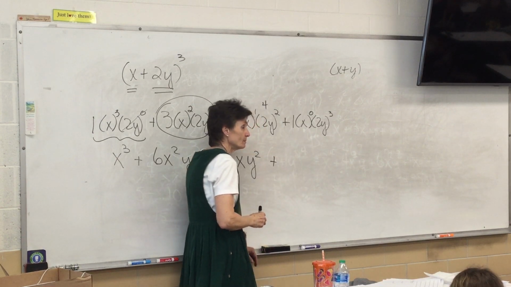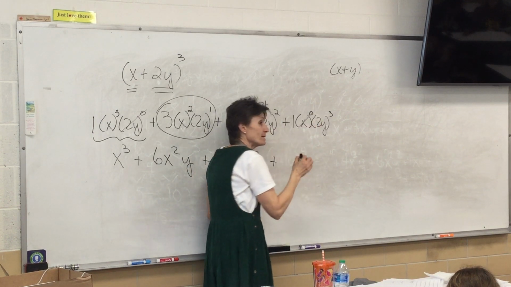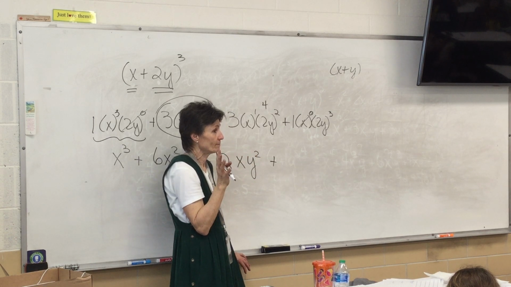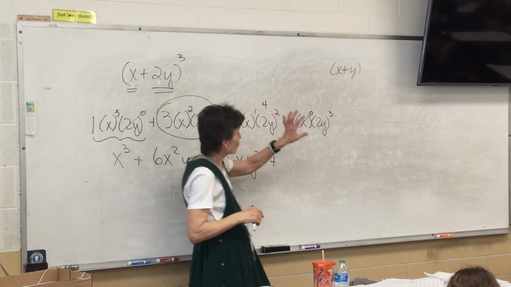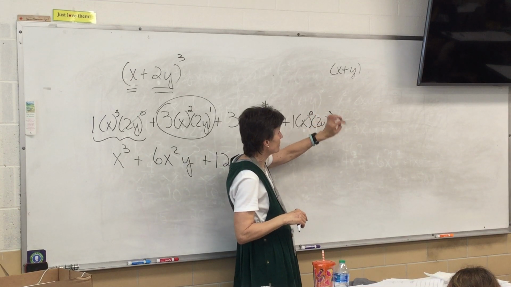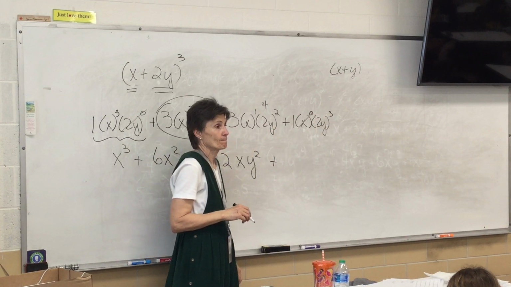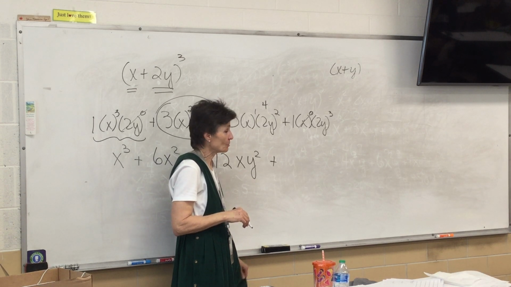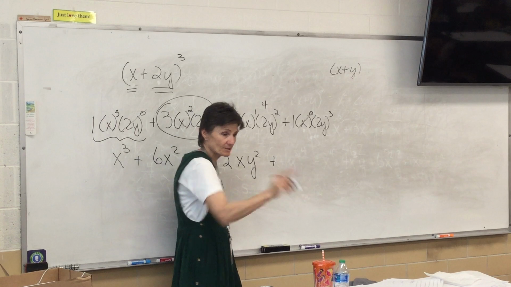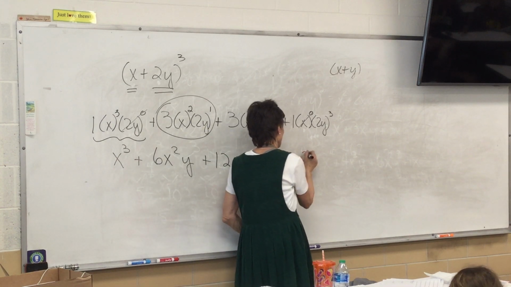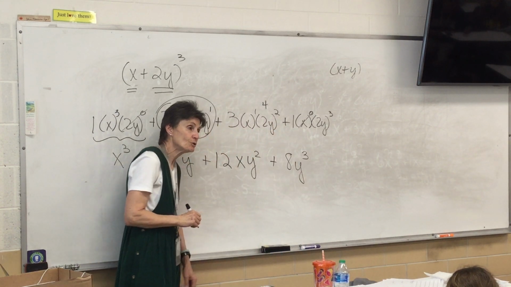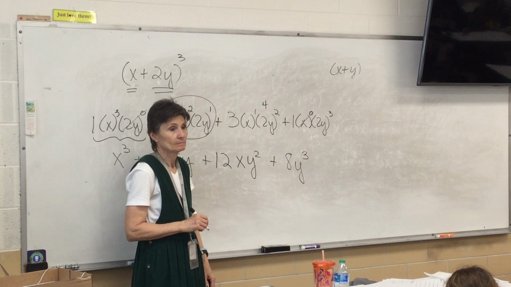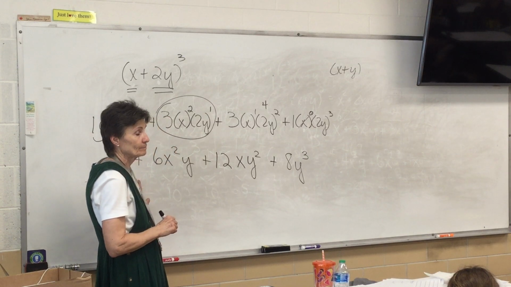And then down here, again, if it's to the 0, it's just 1. So you can ignore it. If it's to the 0 power, it's gone. What is the quantity 2y cubed? Not 6. Not 2y cubed. 8y cubed. 8y cubed. Because 2 cubed is 8. And there's your answer.